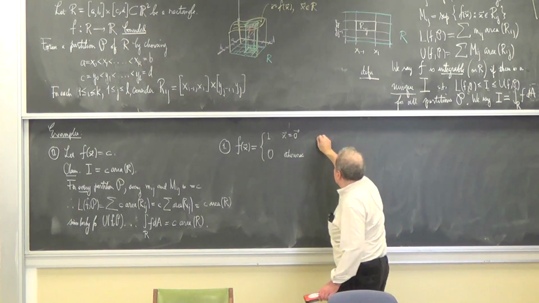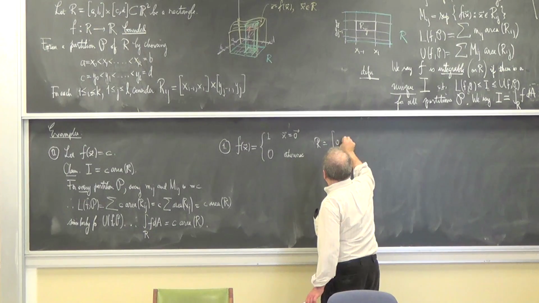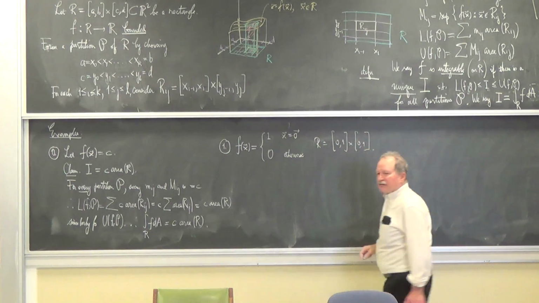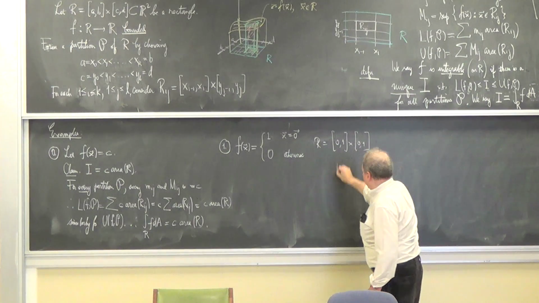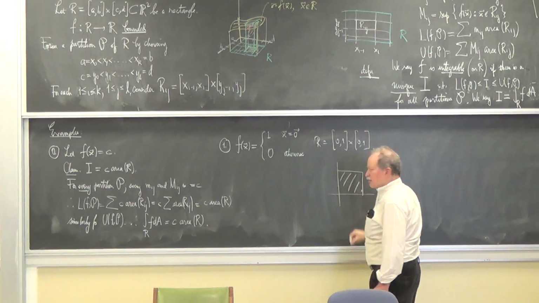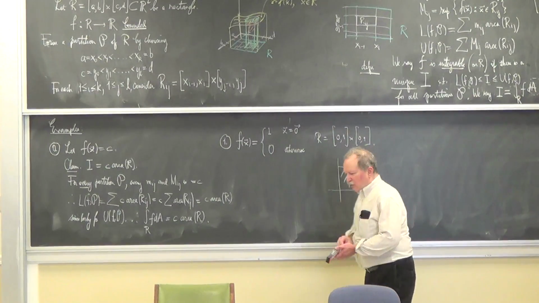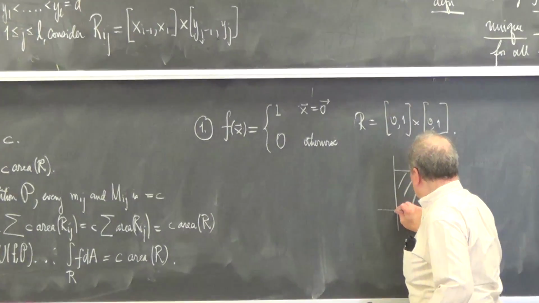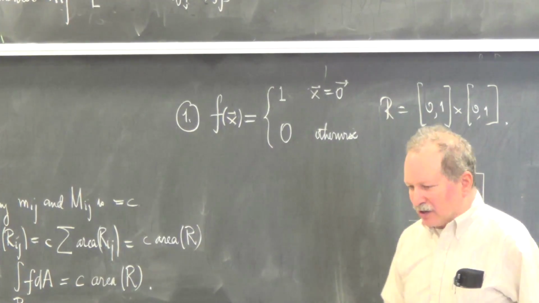Let's say the rectangle is, just to make life easy, the unit square, the standard square. So you have a function on this standard square, and the function is 1 at this point, but it's 0 everywhere else.